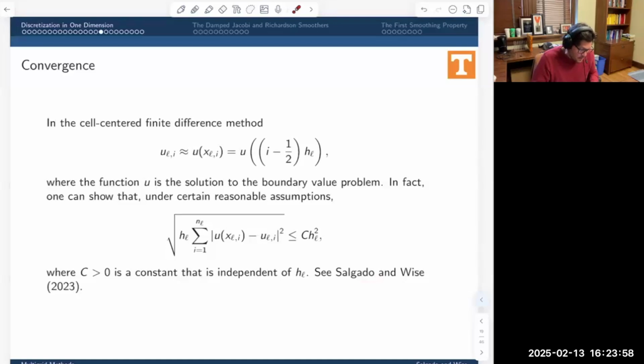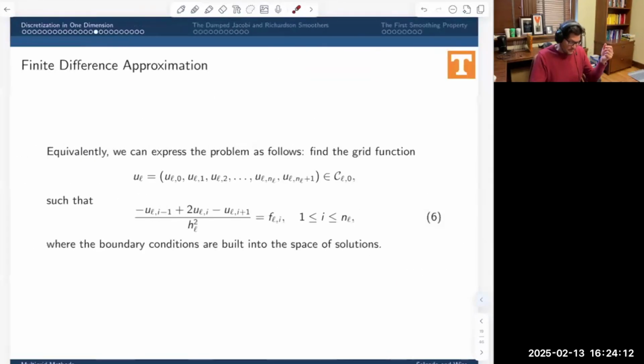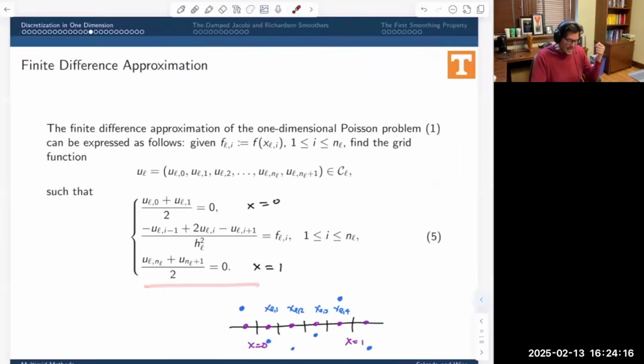Okay, so remember, the finite difference method only gets you an approximate solution of the true PDE solution. Well, now we have N_L equations in N_L unknowns from either this or this. This actually has N_L plus 2 equations in N_L plus 2 unknowns, but we can immediately eliminate this as a degree of freedom in a simple and easy way, and this one as well.